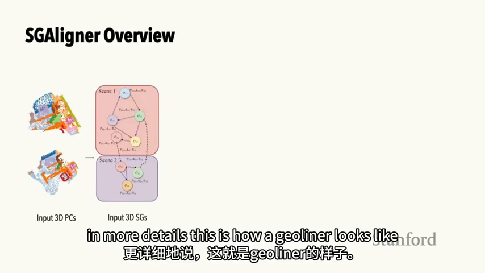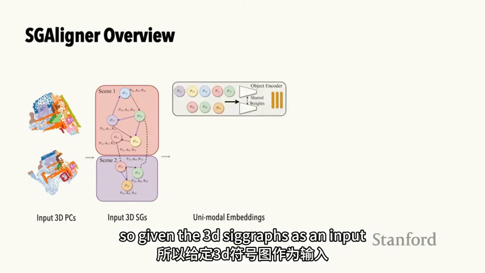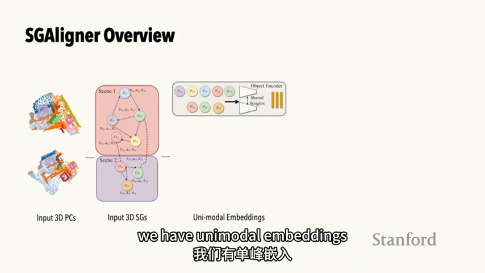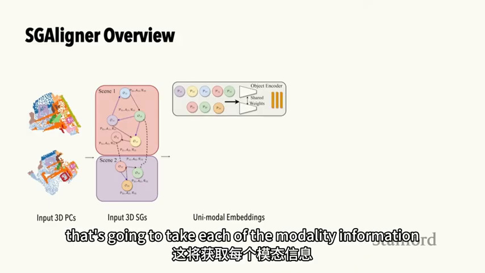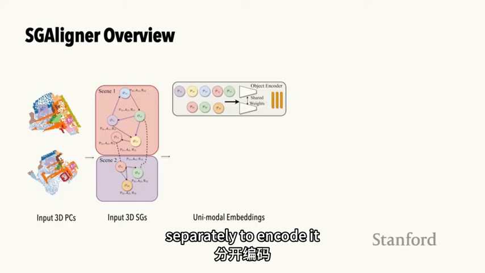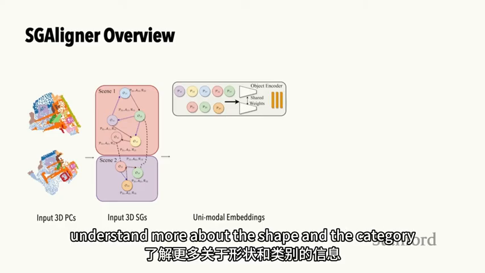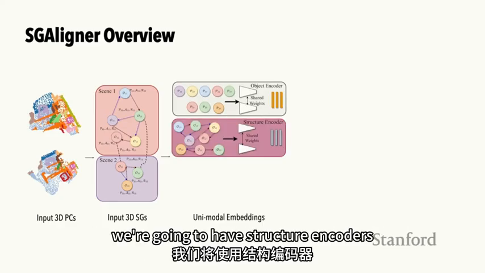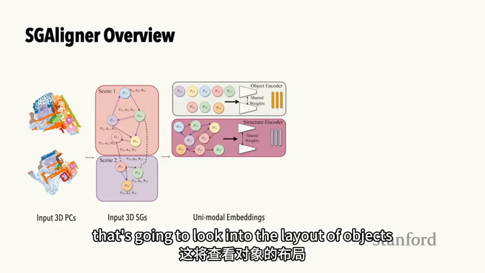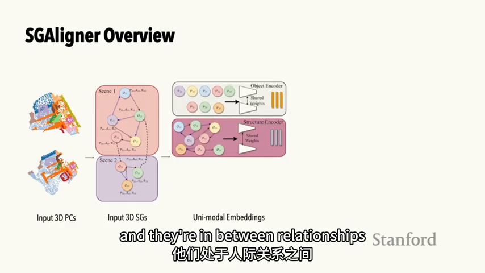In more detail, this is how SG Aligner looks. Given the 3D scene graphs as an input, we have unimodal embeddings that take each of the modality information separately to encode it. We have point cloud encoders that understand more about the shape and the category. We have structure encoders that look into the layout of objects and their in-between relationships.